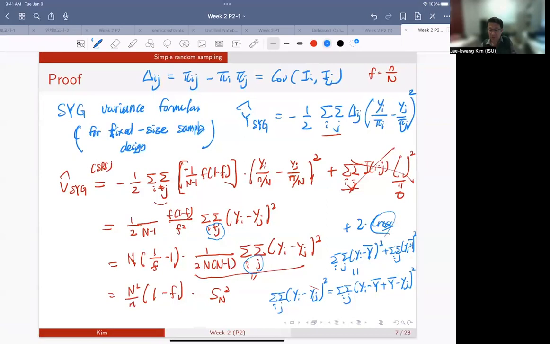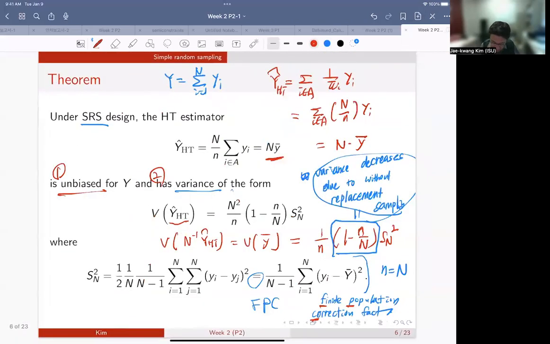But the cross product term is 0. So at the end of the day, you get something like 2 times n times the summation over i of yi minus y bar squared. You can write it and simplify, and then you get this equality. So this is algebraically equal to this.